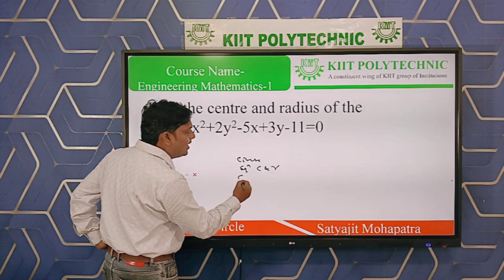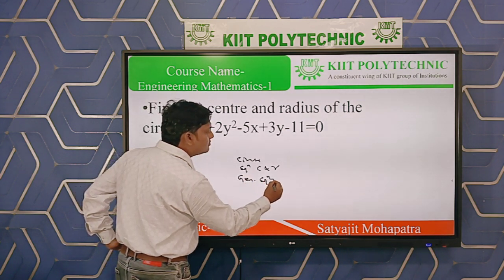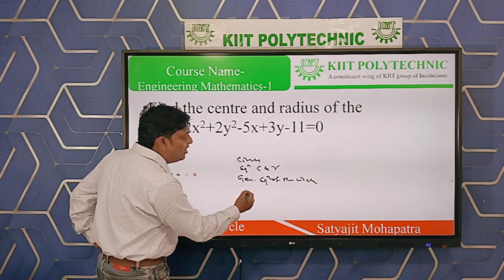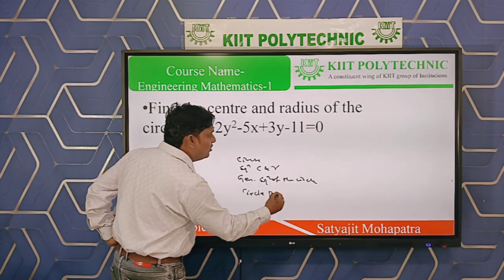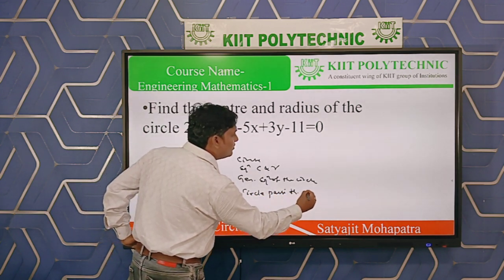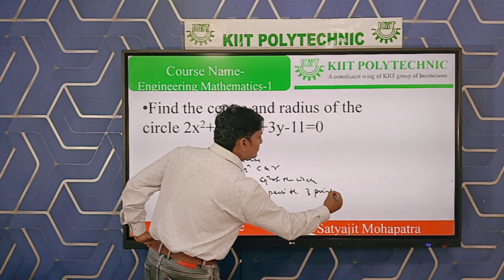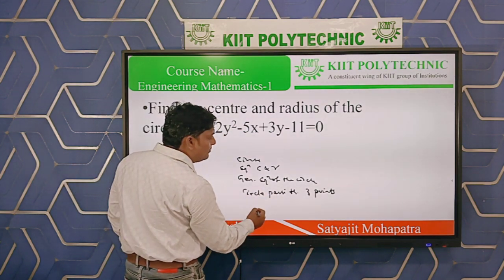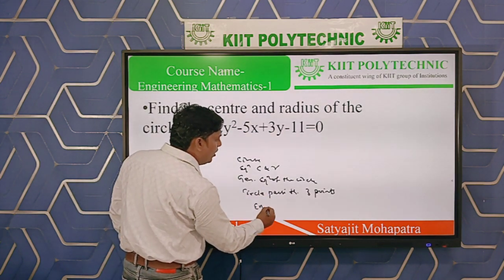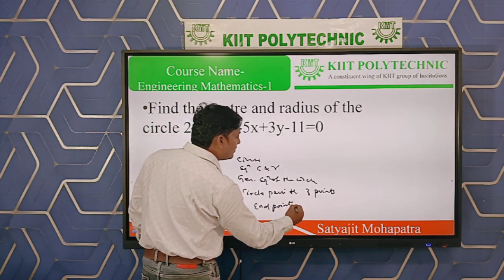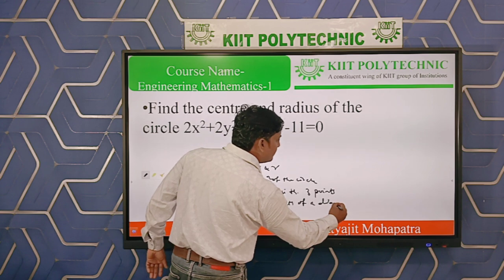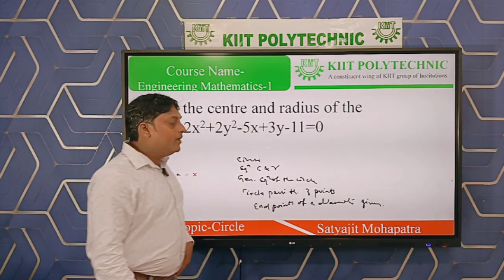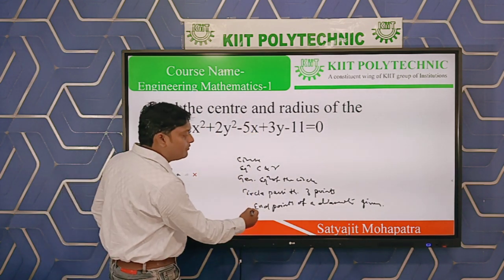Then we have done the general equation of the circle. Then we have done the circle passing through 3 points. At last we have done the equation of the circle when the end points of a diameter are given.